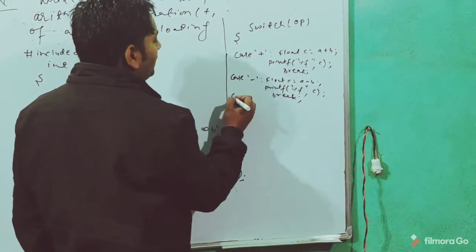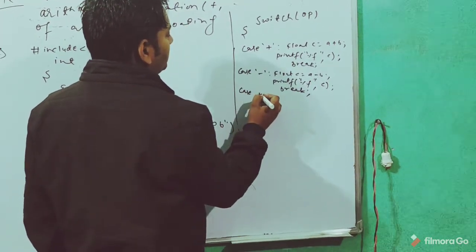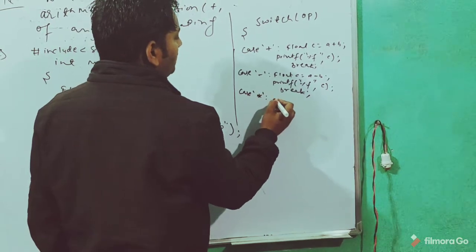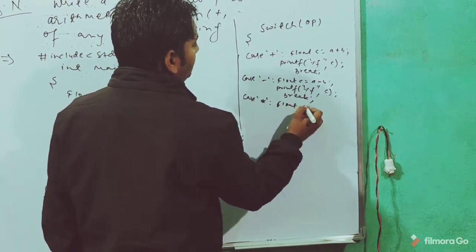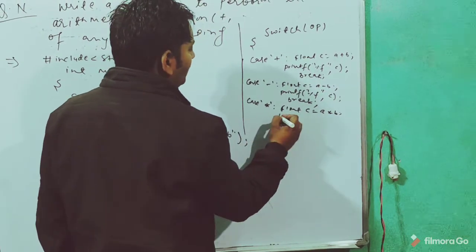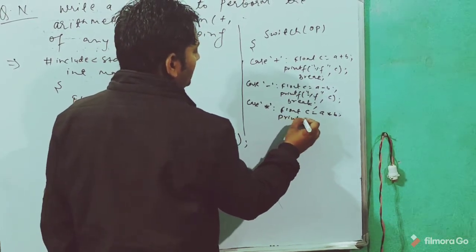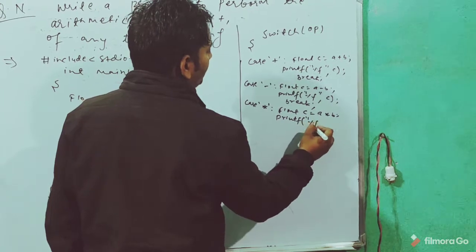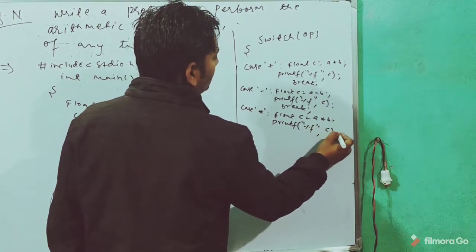Similarly we can do it for multiplication: float c equals a into b, printf %f with c.